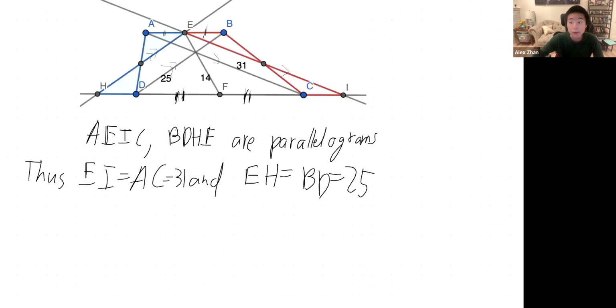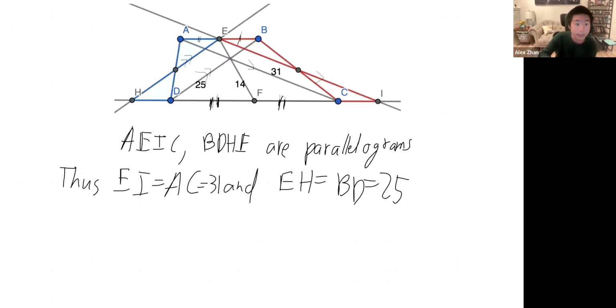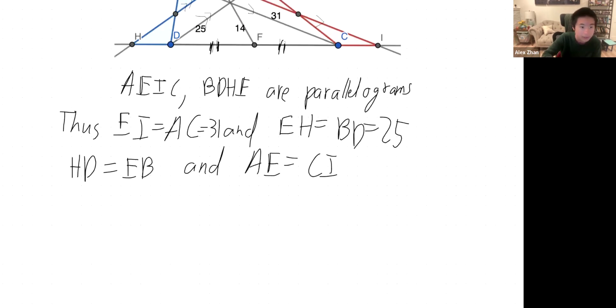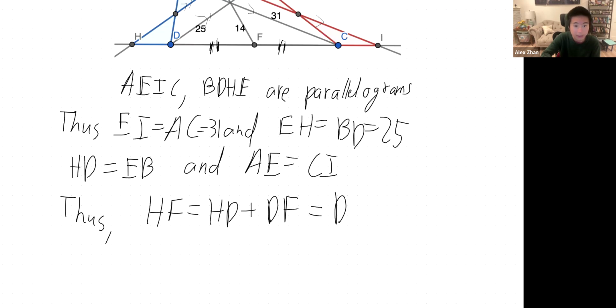Now the other thing we get is that, using the same reasoning as earlier, because AEIC and BDHE are parallelograms, we have that HD equals EB and AE is equal to CI. So thus, HF is equal to HD plus DF, which is equal to DF plus EB.